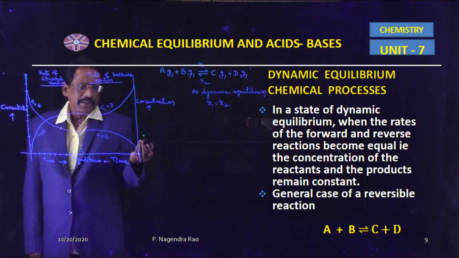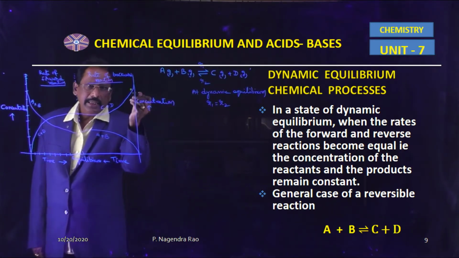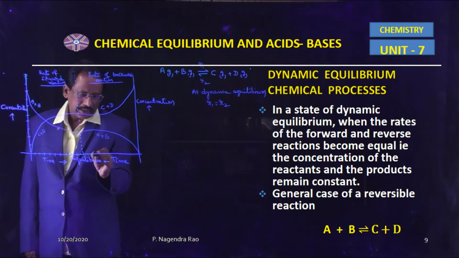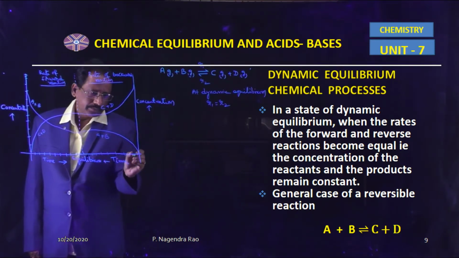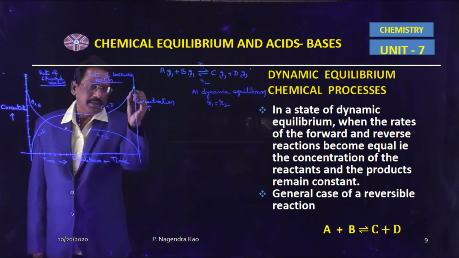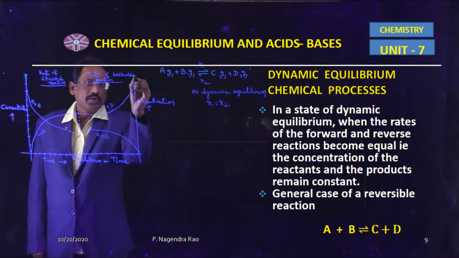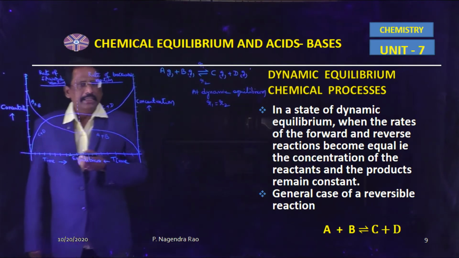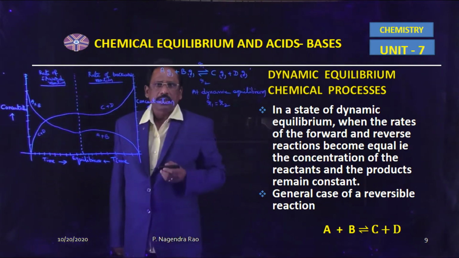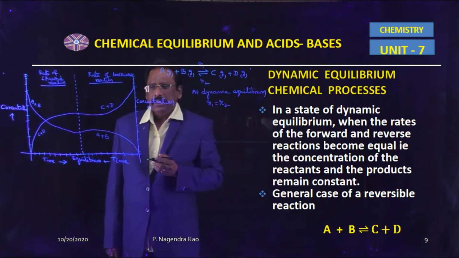In the backward reaction, the reactant side contains C and D gases. That's why its concentration decreases. At the same time, the concentration of the products increases. In the backward reaction, the products are A and B gases.